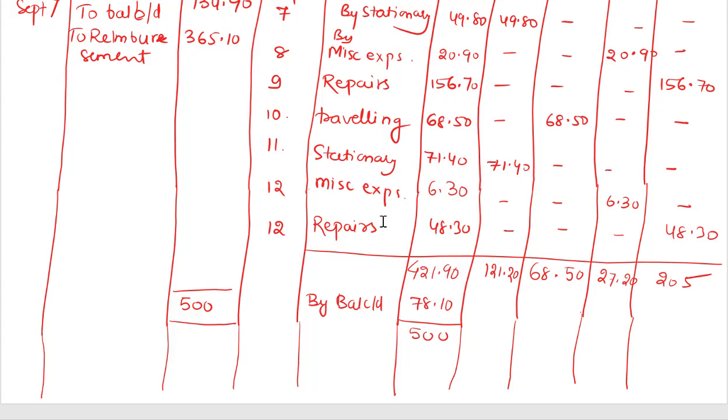So this is 12th. The balance carried down will be shifted from here to here, 78.10. So after 12 it is 13 September, to balance brought down. Just note it down along with me quickly.